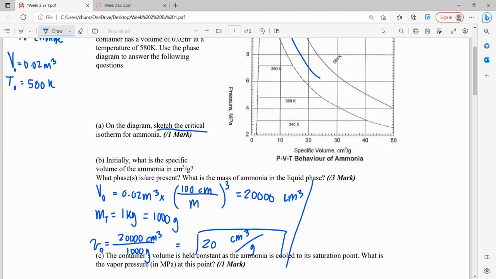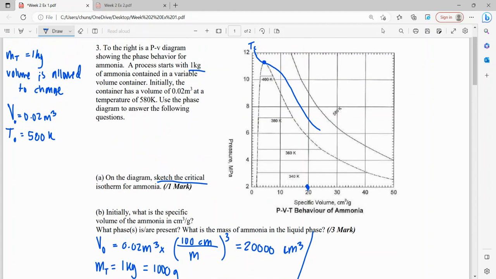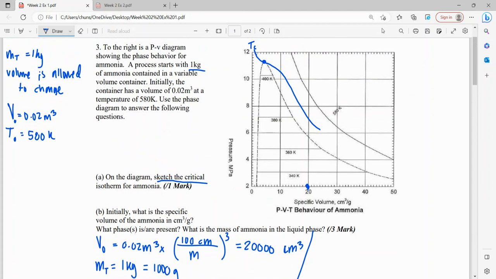We have 20, our specific volume, and then we read up to our given temperature, up to our isotherm of 580 K. And this is our point, this point right here. This is for part B.